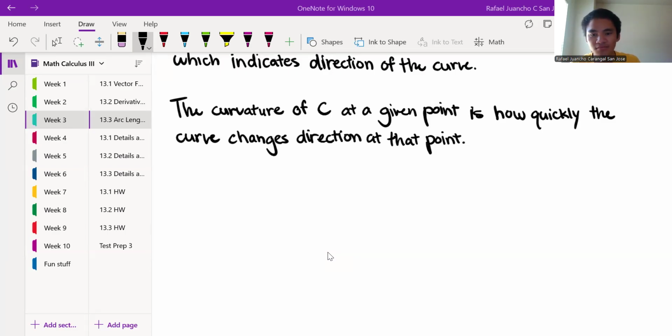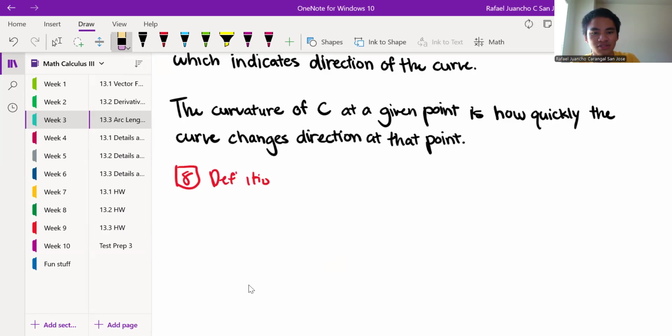Because the unit vector has constant length, which is 1, it only changes in direction, and only the direction contributes to the rate of change of T. And so basically that's the definition of the book.